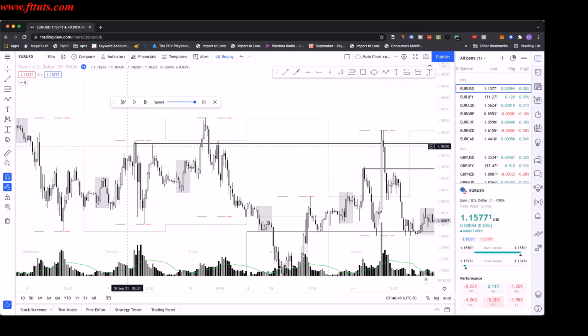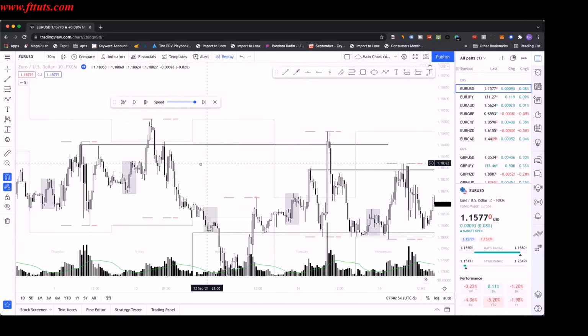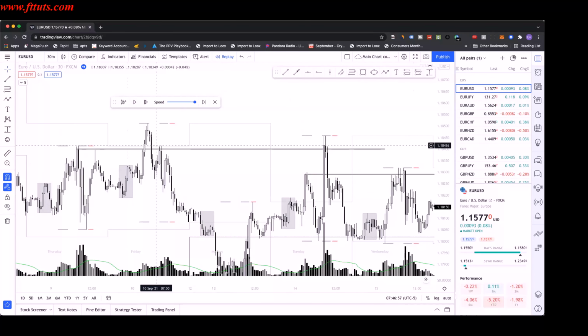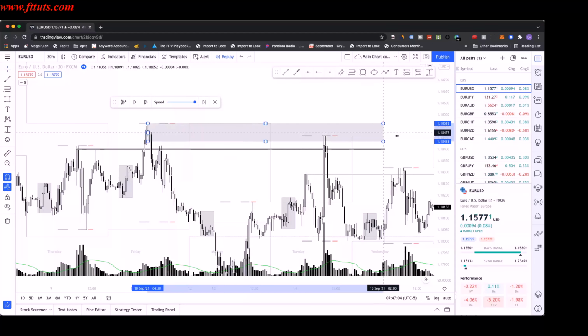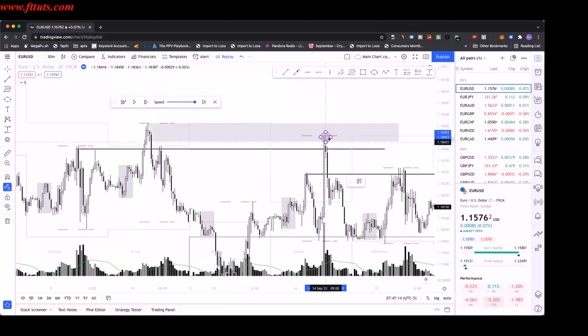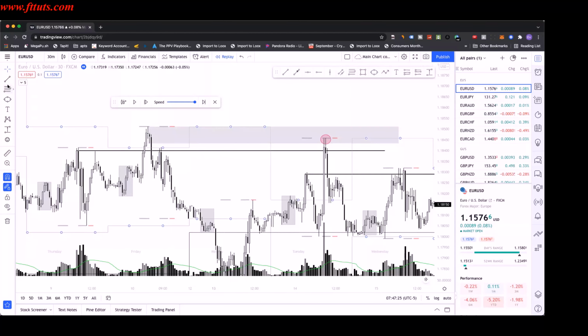Anyways, when we look at this QM, and we're waiting for price to get here, we also have POI confluence up here. We have our timing window here. Okay, this is New York time.